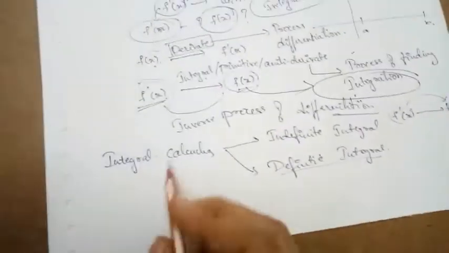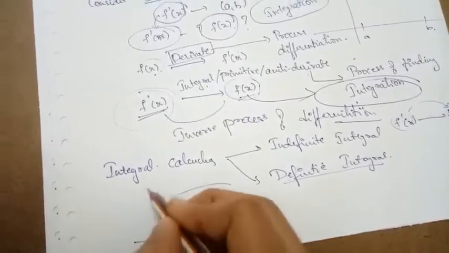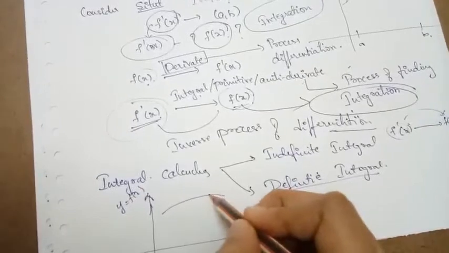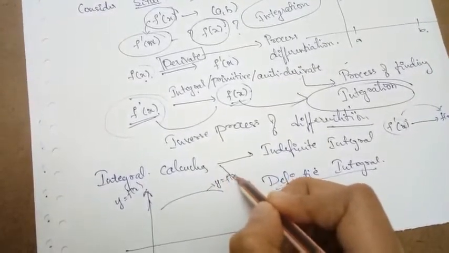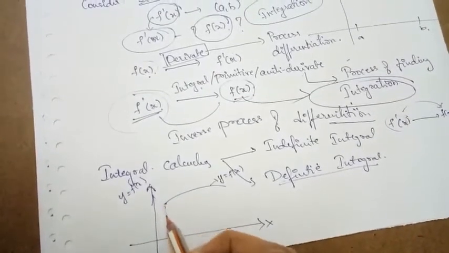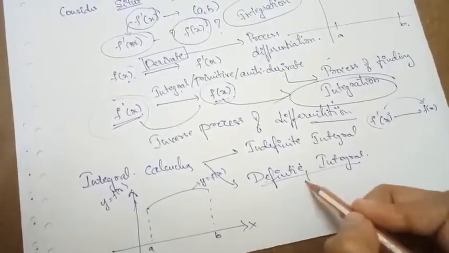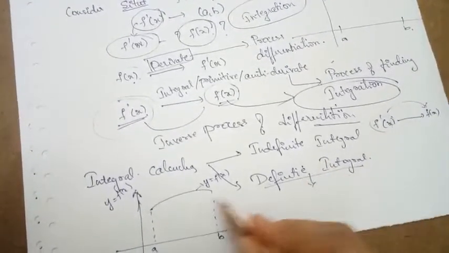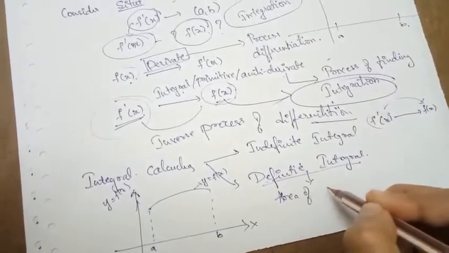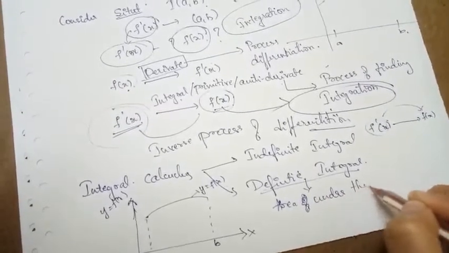And when it comes to a definite integral, if I consider any curve, say this is the x-axis and this is the y-axis, and the given curve is y equals f of x, defined within the interval a to b, then the definite integral gives the area under the curve.